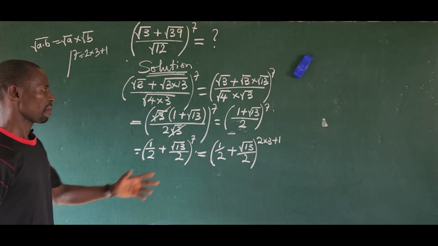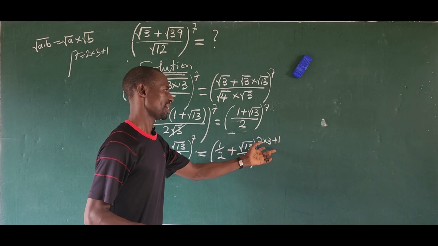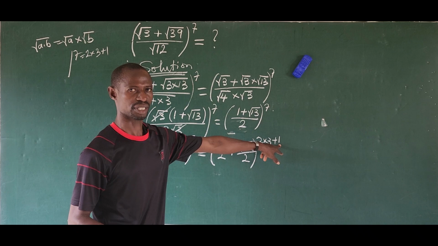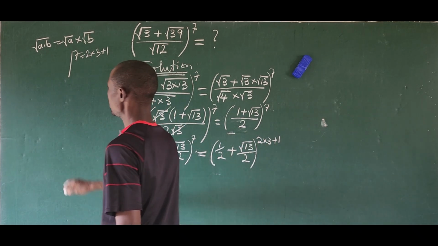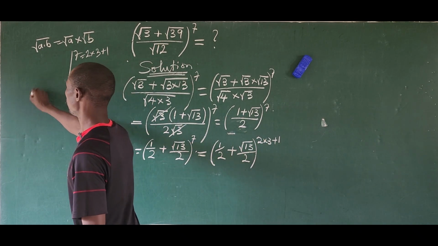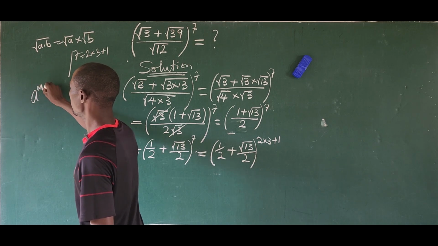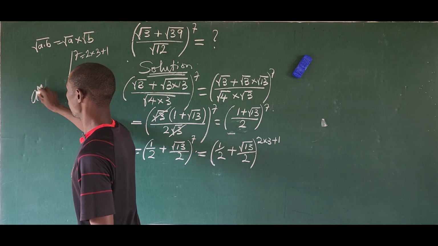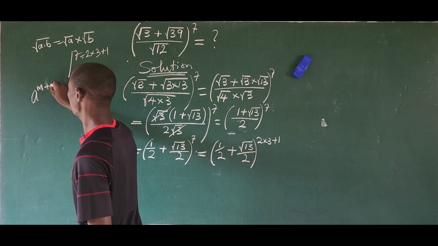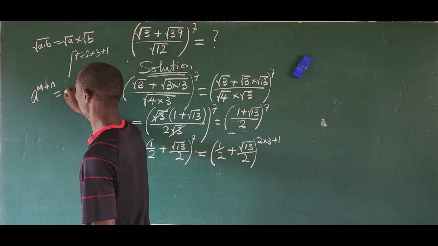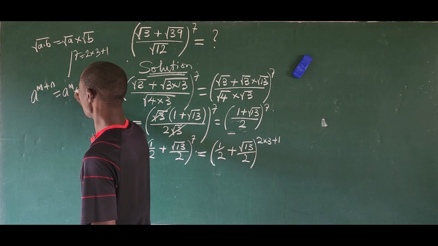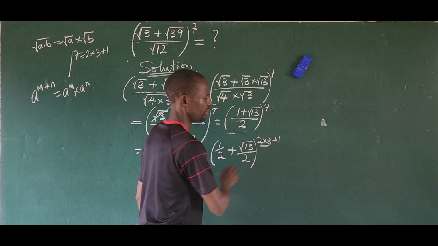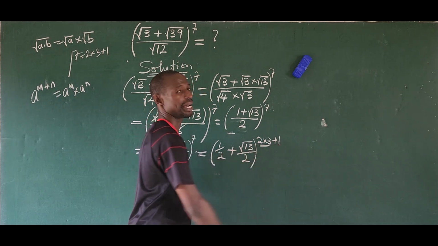This expression can be written in another format because we have a plus sign. Remember the law of indices, which says that a to the power of m plus n is equal to a to the power of m times a to the power of n. We are considering the whole of this to be our m and this as our n.